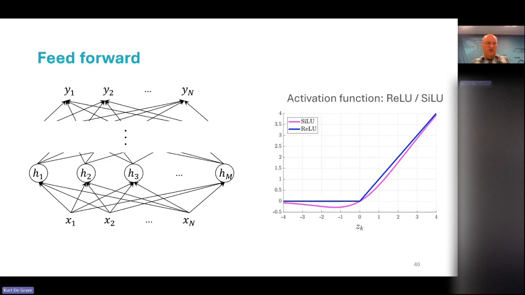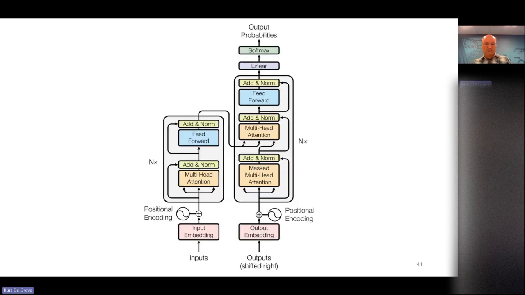Otherwise, this is just a standard multi-layer perceptron network, a quite shallow one with a few thousand width. The hidden layer is typically quite a bit wider than the model dimension.